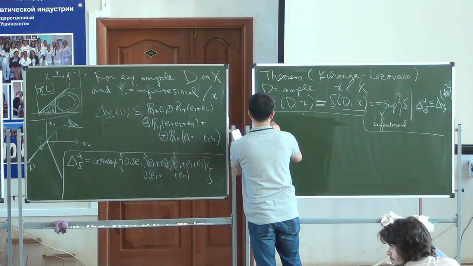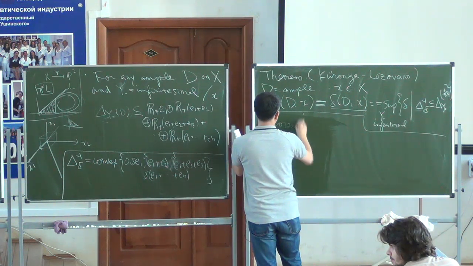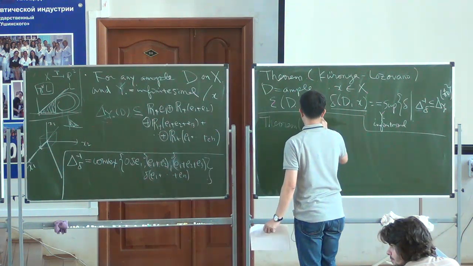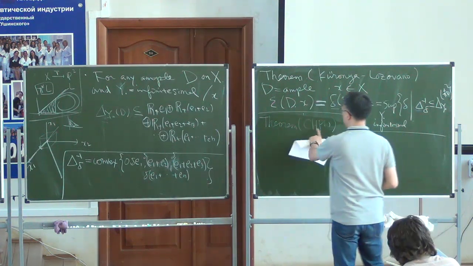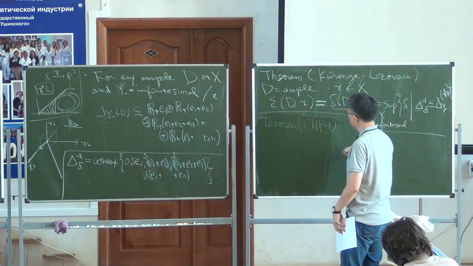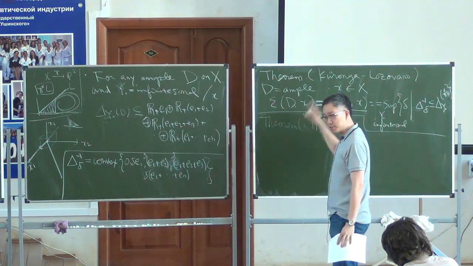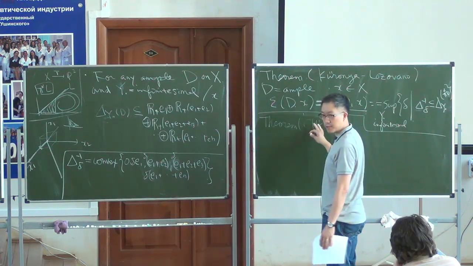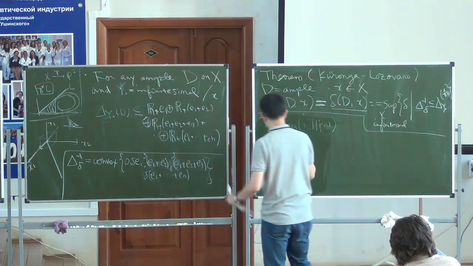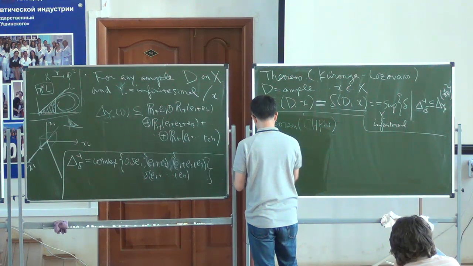So this is our theorem, CHPW, myself and three other collaborators. In this theorem, we don't blow up. We just use the admissible flags on the given variety. So this also has a nice estimate. So D is ample.